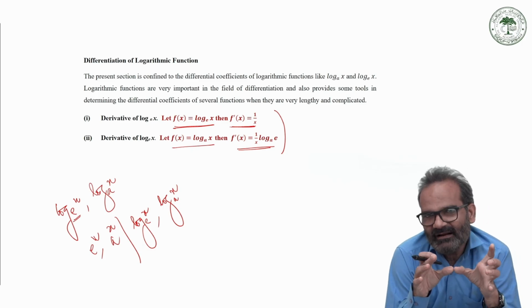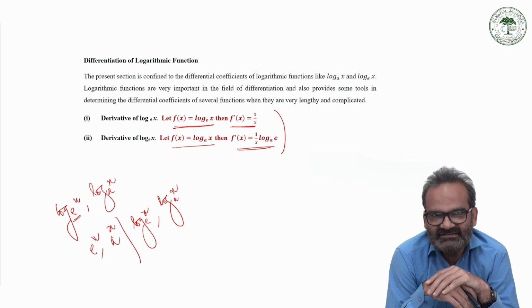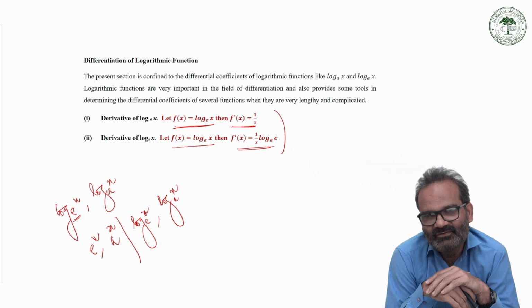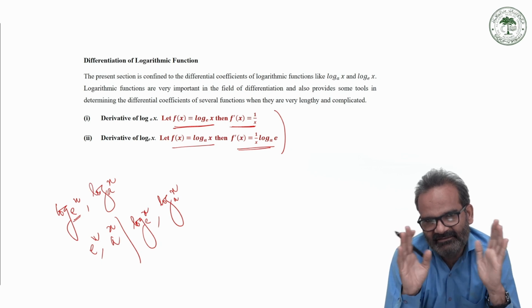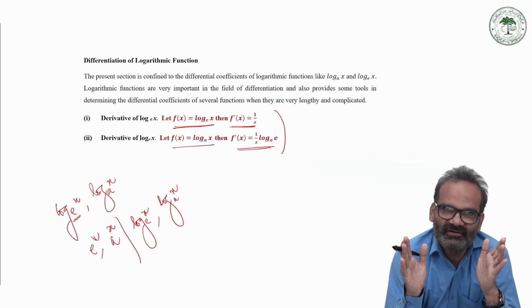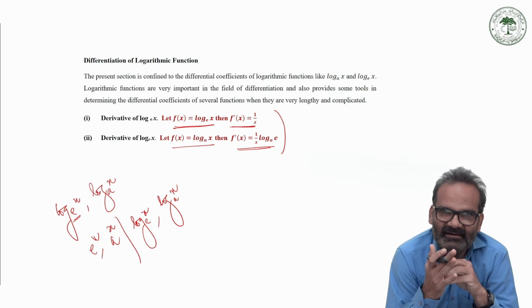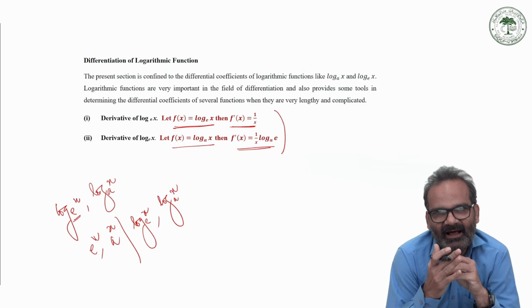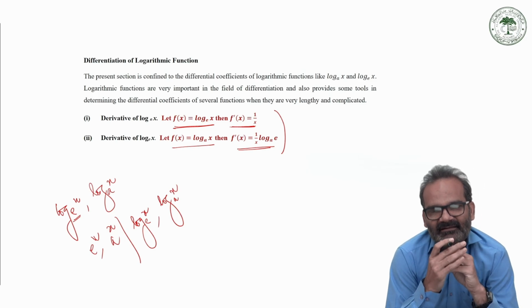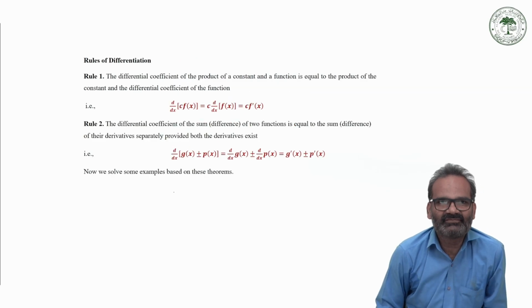So all these 5 formulas are more than sufficient to find the derivatives of all 3 kinds of functions: algebraic, exponential, and logarithmic, right? Let us take some examples further.